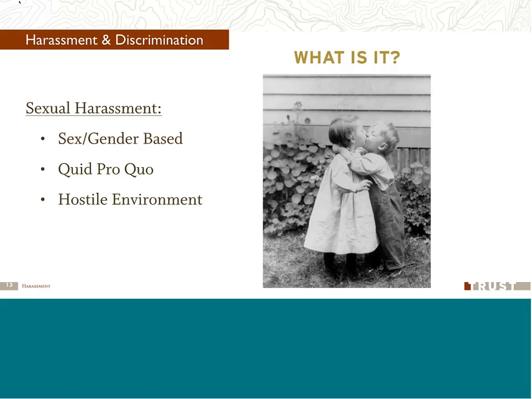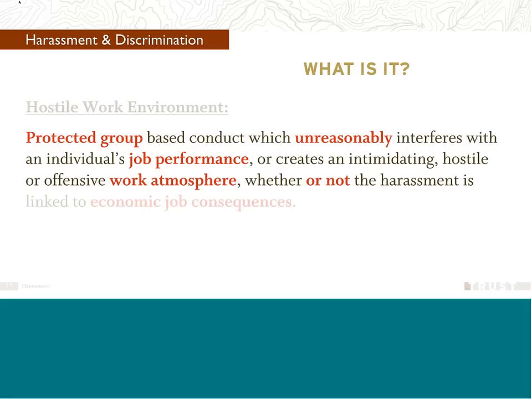But actually, with the hostile work environment, we find a situation where this harassment in the workplace can exist in a much broader way. So here, when we're talking about hostile work environment, we're talking about conduct directed towards a group or an individual, which is a protected identification, one of these protected groups that we've talked about.